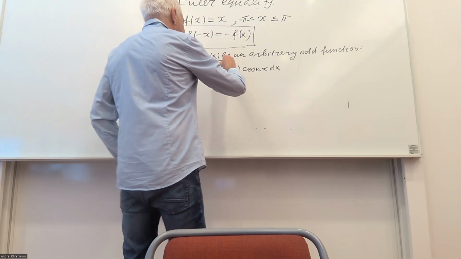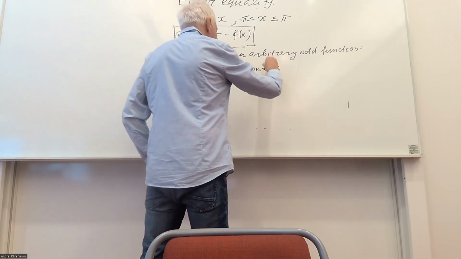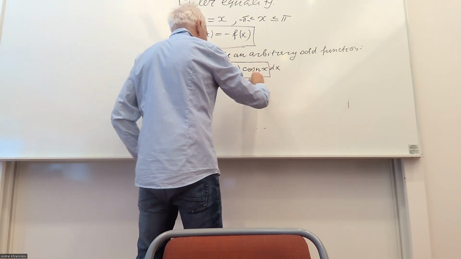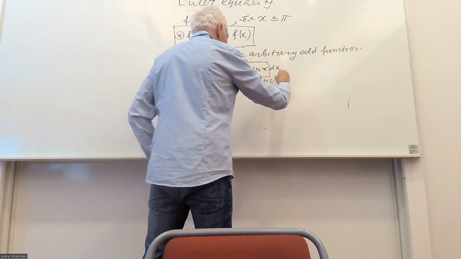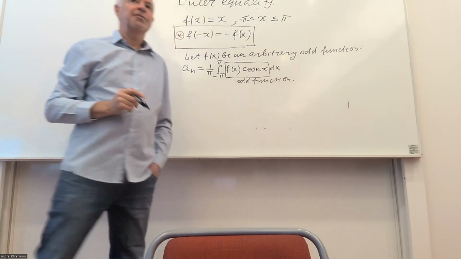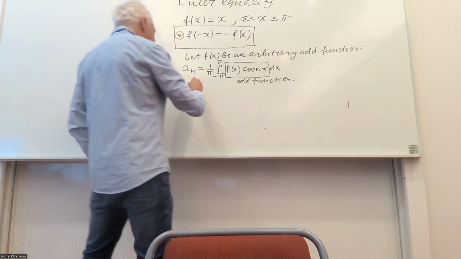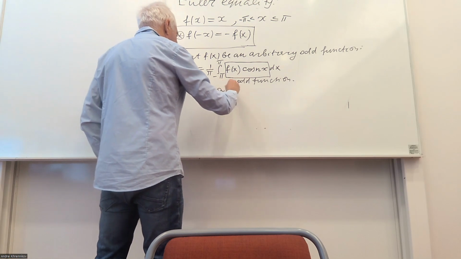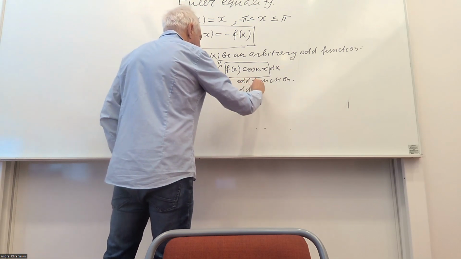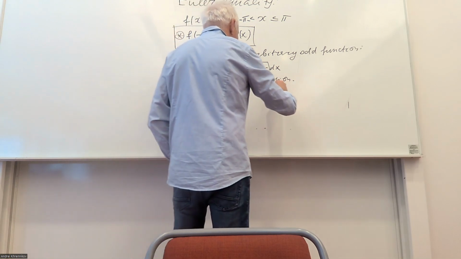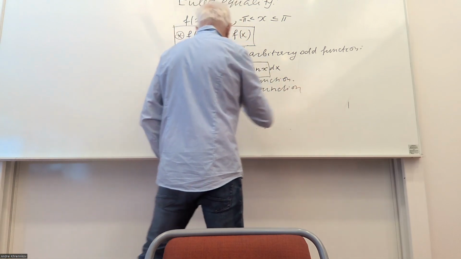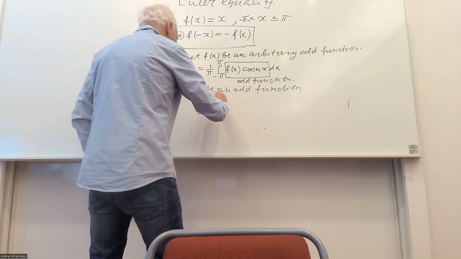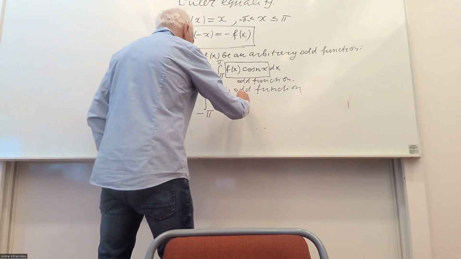So this is an odd function multiplied by an even one, so it is also an odd function. Now consider an arbitrary odd function f. We forget about trigonometry, and just consider the integral from minus pi to pi of f(x) dx.